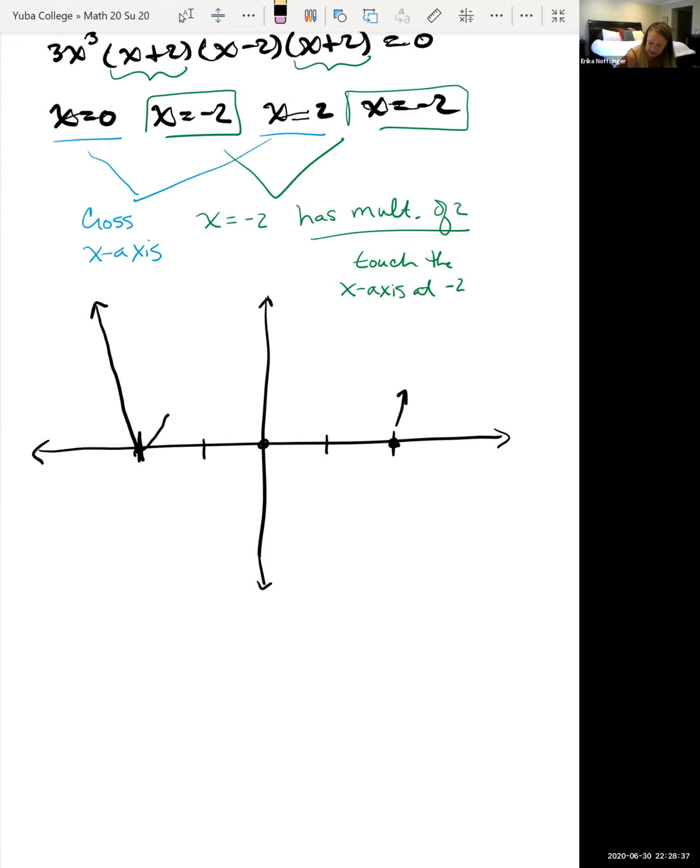And then I have to turn around so I can cross the x-axis at the origin. And then I have to go below the x-axis and come back around. I don't know where exactly, and cross at x equals positive 2.